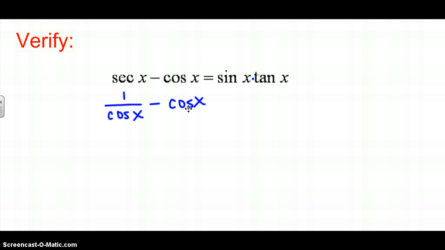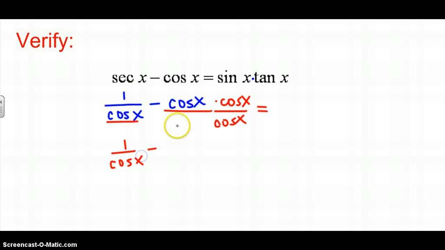Okay, so our denominator we're going to want is cosine. So I'm going to multiply this one by cosine over cosine. So this will leave me with 1 over cosine of x minus cosine squared over cosine of x.